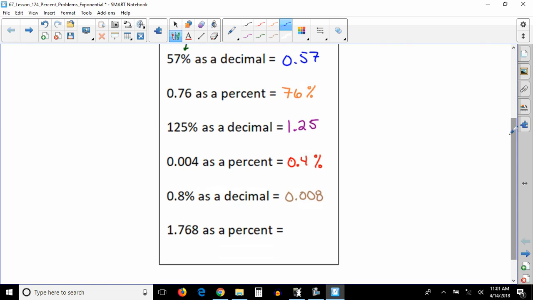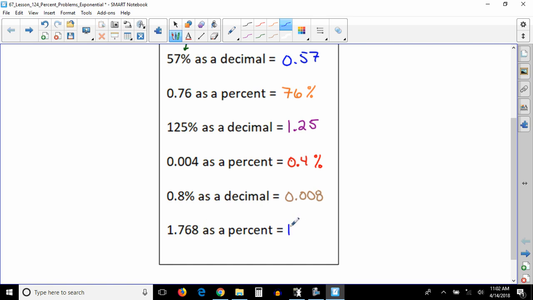If the problems get a little tricky, then you may want to think to yourself about a normal percentage like 57% or 23% or 45%. Just jot it down on the top of your paper, and it lets you visualize which way to move the decimal. So in this case, 1.768 as a percent has to go two places to the right.